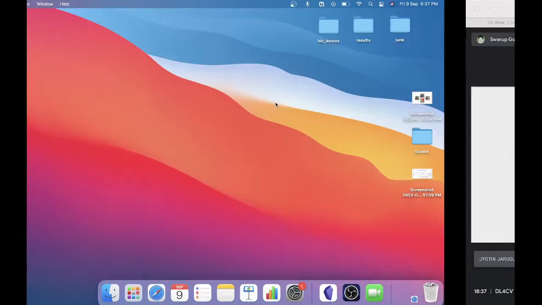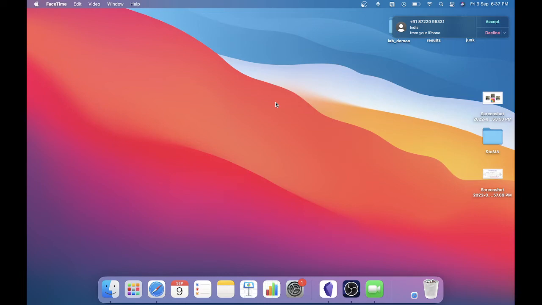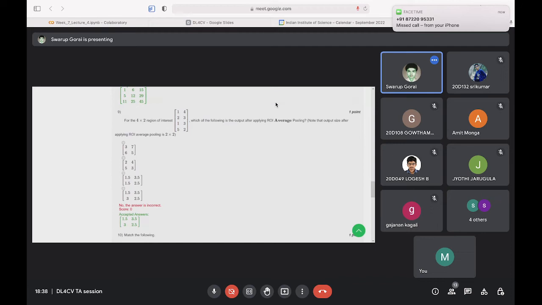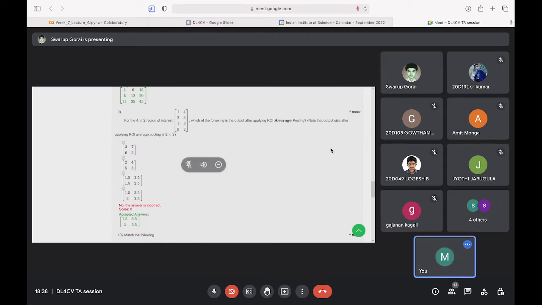So in this case, if I have to get a 2 cross 2 output, whatever input is there, I will divide it into 2 cross 2 blocks.